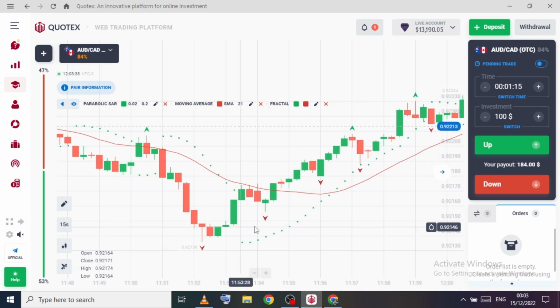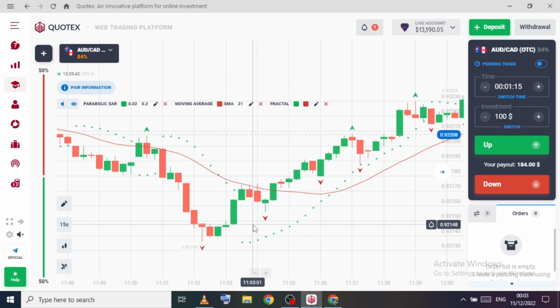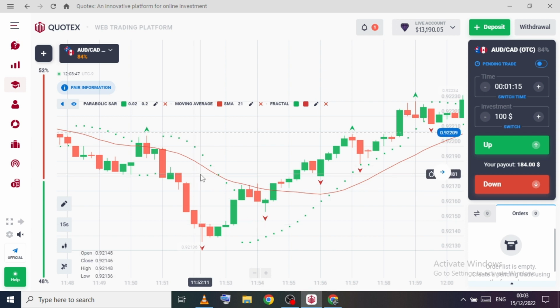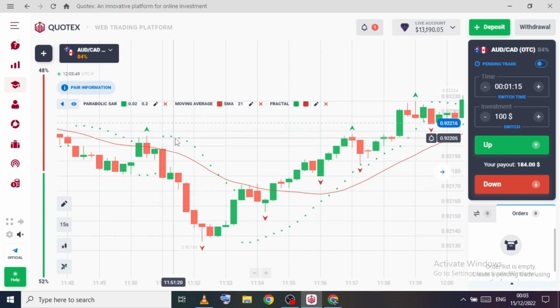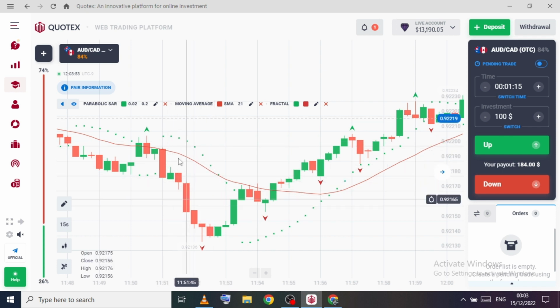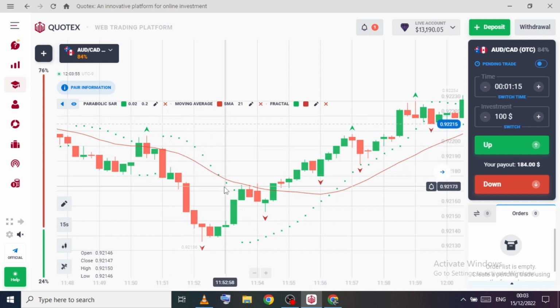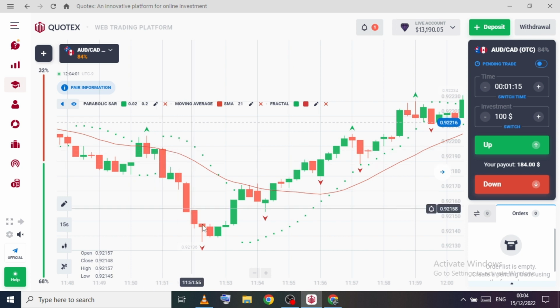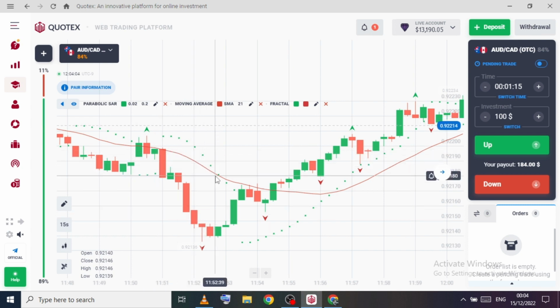So these are the situations we're gonna look for. We must have in the previous trend a Parabolic Sar showing us that we've been going maybe down. In this situation we've been going down. When the Parabolic Sar is above the candles, it's our downward trend, and the candles are also below the SMA21.